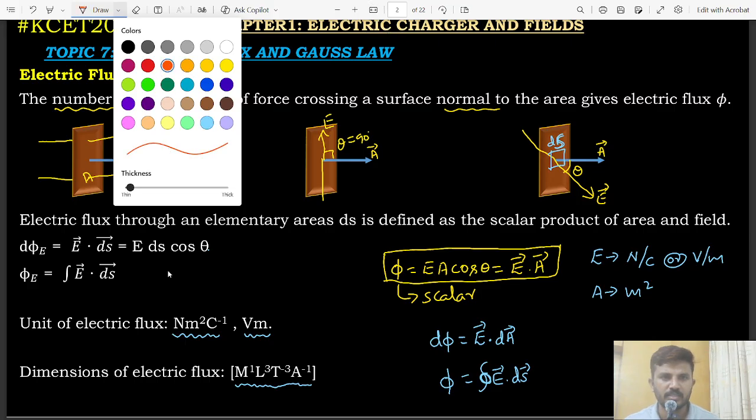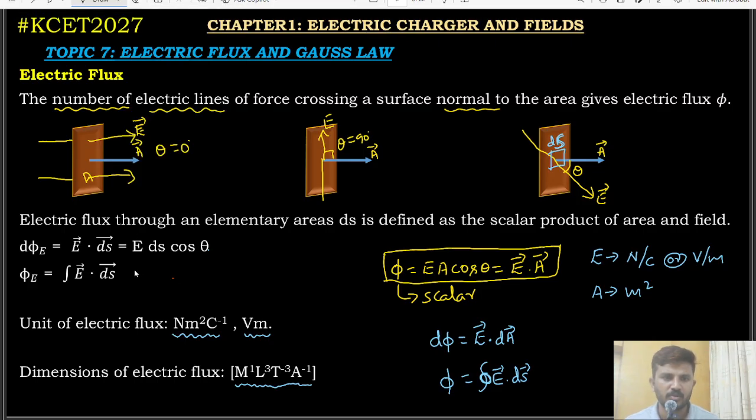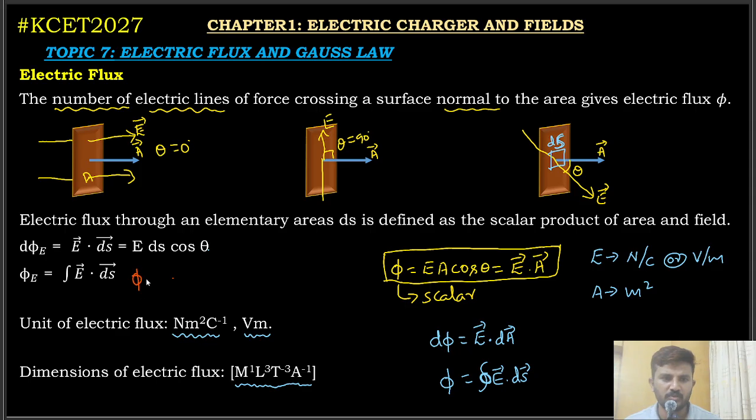So here, we have phi is equal to E into area. For E, can I write force upon charge? Yes. And area, I can write it as area only. Force unit is kg meter per second square, so you'll get M power 1, L power 1, T power minus 2.